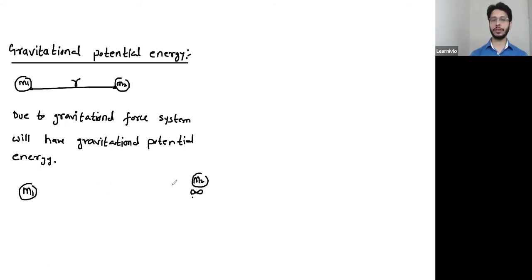There is no potential energy. Then we calculate the work done in carrying this m2 from infinity to a point at a finite separation from m1. The work that we do to bring m2 from infinity to this point gets stored in the system in the form of potential energy.